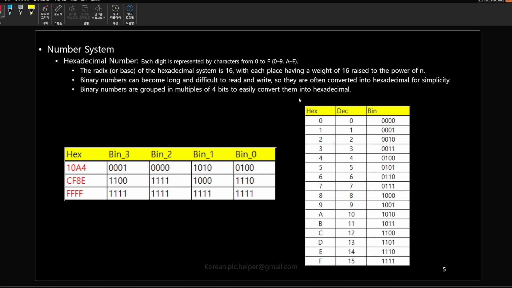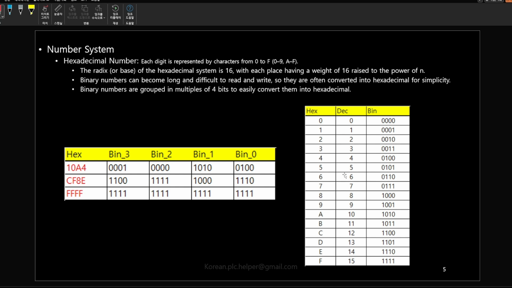You can see the exact structure in the table on the right. When numbers are represented in binary, the digits become longer and harder to read and write. Therefore, they are expressed in hexadecimal.